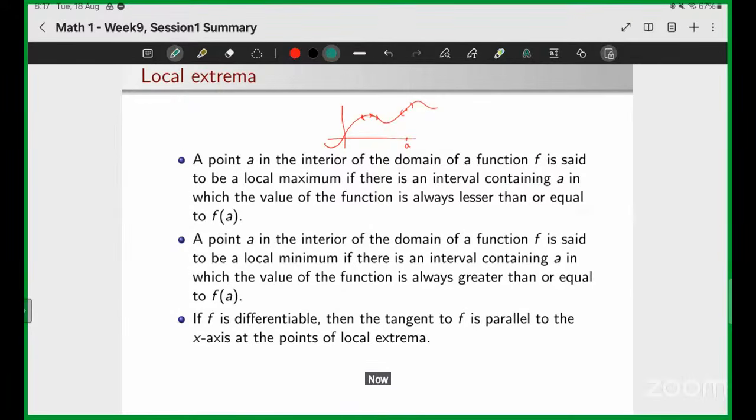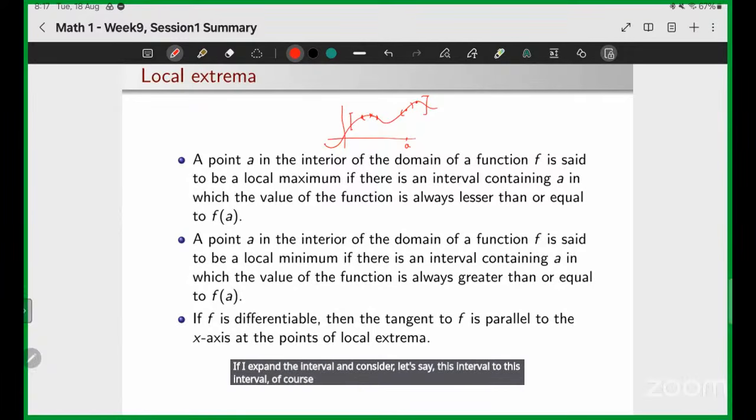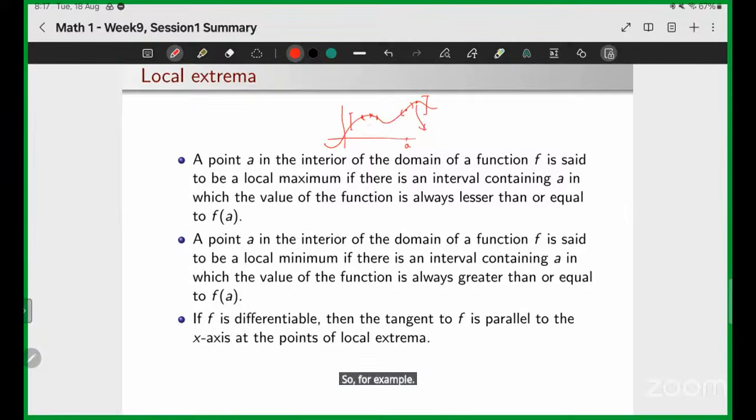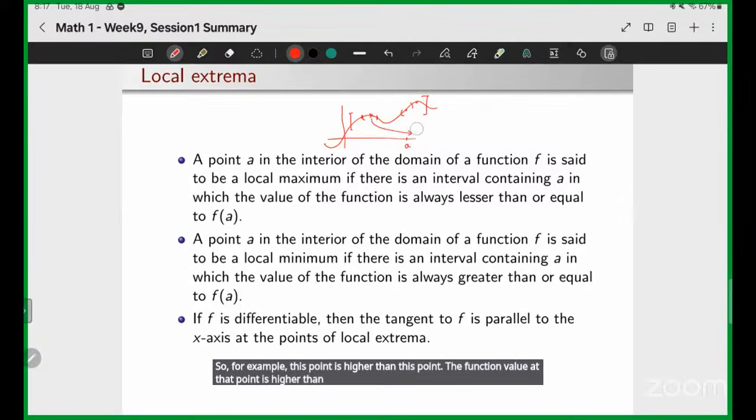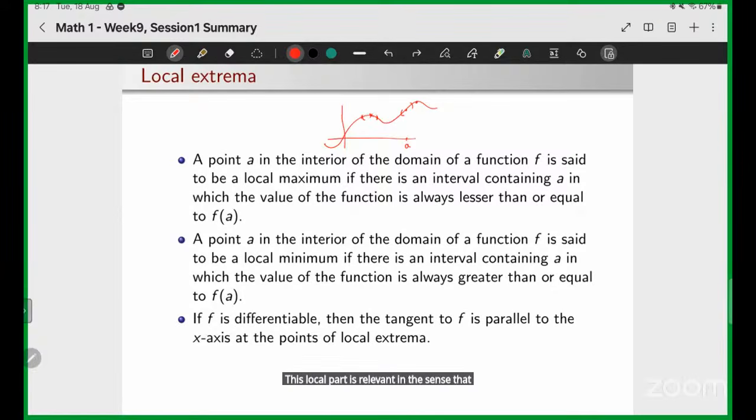Meaning there is a small interval. Now, if I expand the interval and consider, let's say, this interval to this interval, of course, there is a point over here which is higher than this point. The function value at that point is higher than the function value at this point. So this local part is relevant in the sense that we look at a very small neighborhood around the point. If there is even one small neighborhood, there is another way to write it.